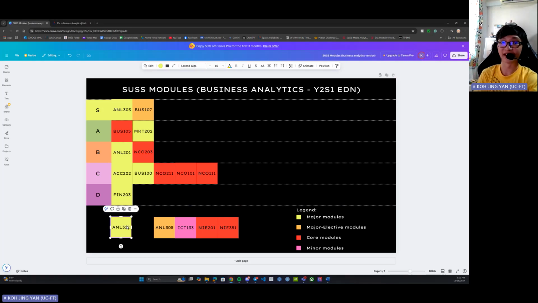I do not understand this kind of thing, the APA citation section. At most, I feel like it will take 1 hour to go through citations and stuff. We are currently in year 2 sem 1, and there are different modules, like your NCOs and probably some SCOs that previous cohorts have, and some ANL mods also require us to put in our APA citations or our references list, which are both important.